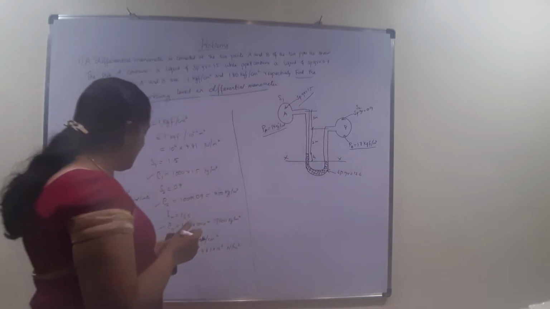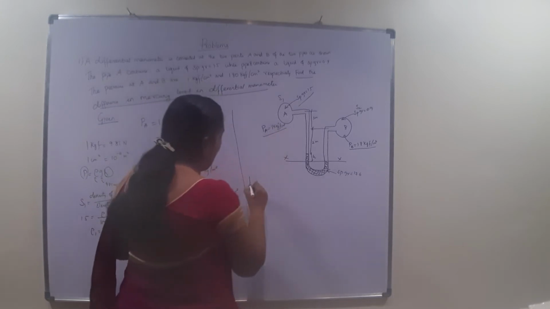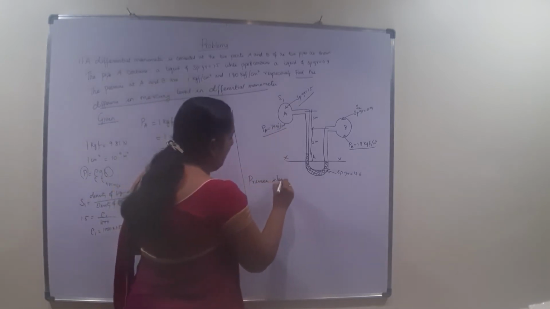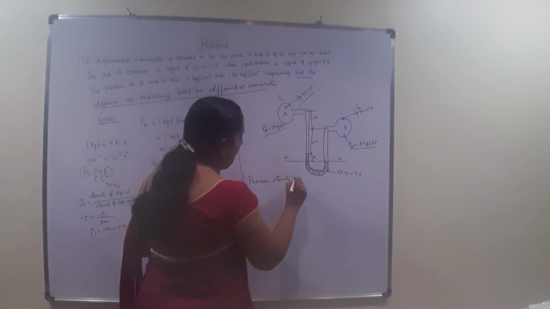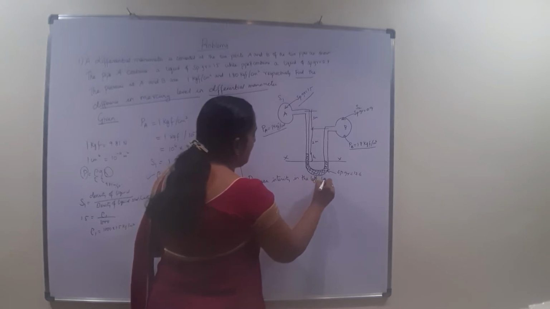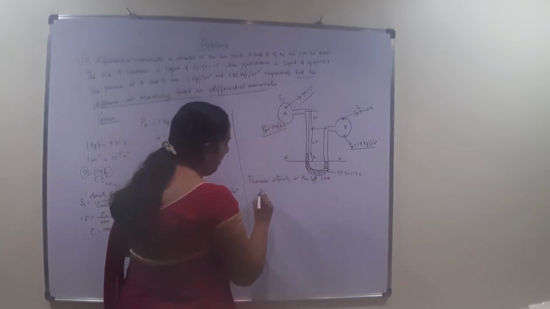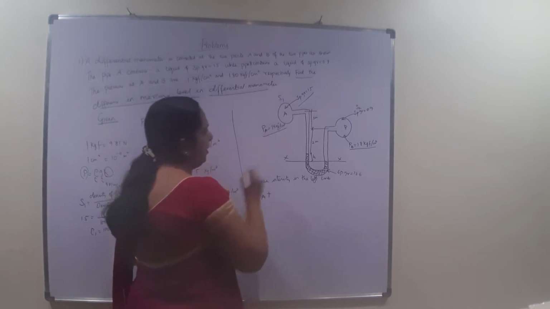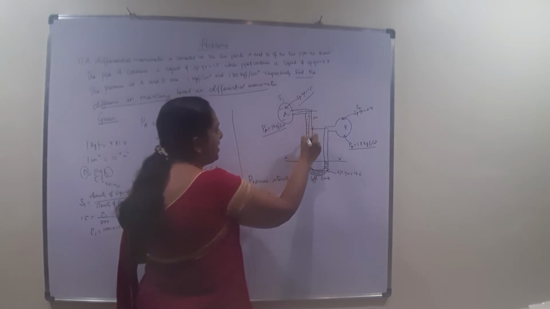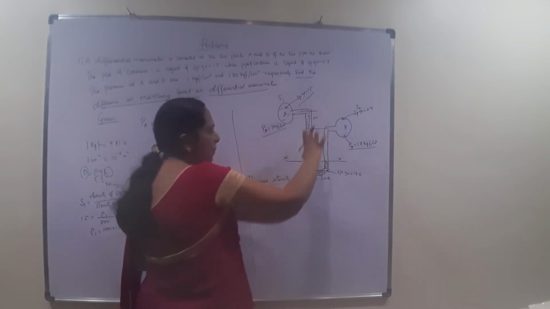So first, we will formulate the pressure intensity in the left limb. What are the pressures we have? One is PA, that is the pressure, and in addition we have the pressure because of this liquid, which is acting at a height from the center of the pipeline down to the datum line.